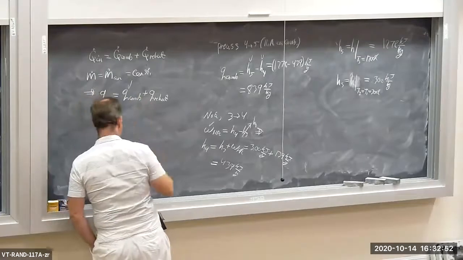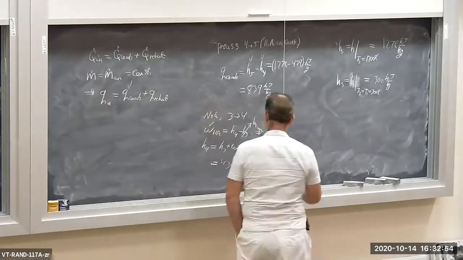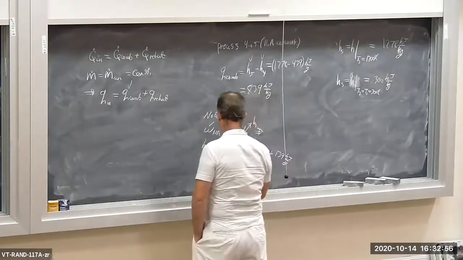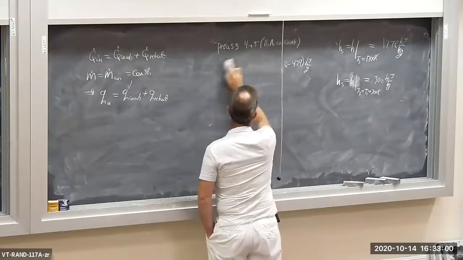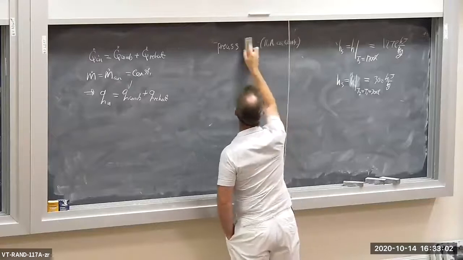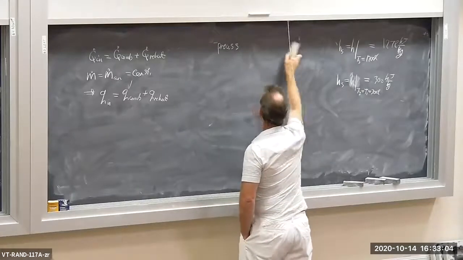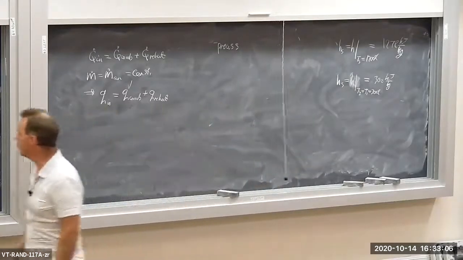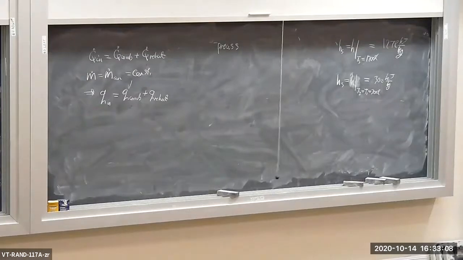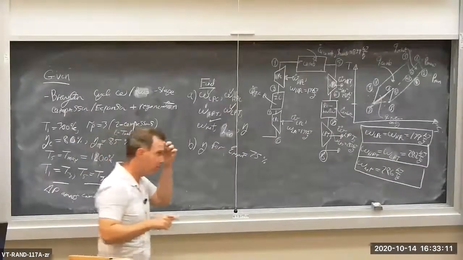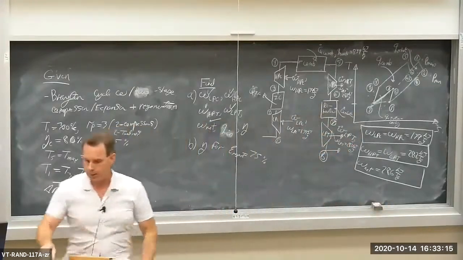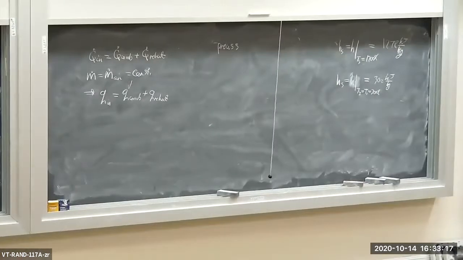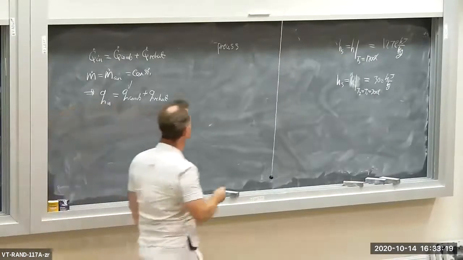Now I need to get the Q for the reheater. Well, the reheating occurs from state what? State 6 to 7. So process 6 to 7 is the heating in the reheater.